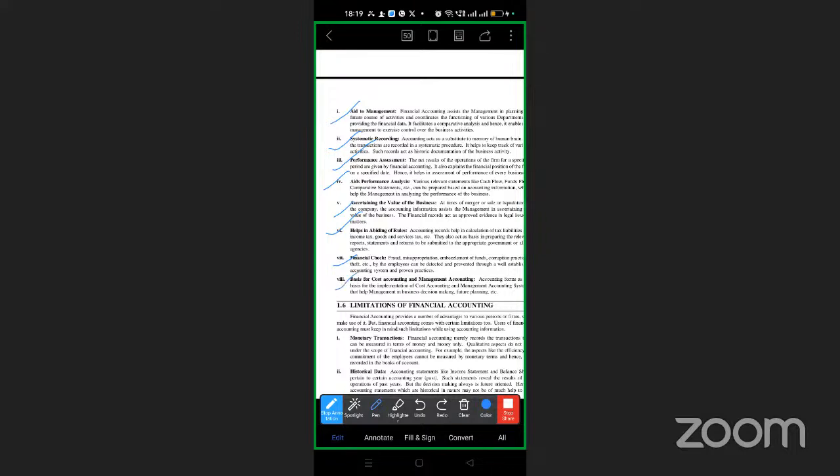Because cost accounting is mostly done by manufacturing organizations that have a manufacturing unit. Then only will they prepare cost accounting. Financial accounting becomes the basis for preparing cost accounting and management accounting.